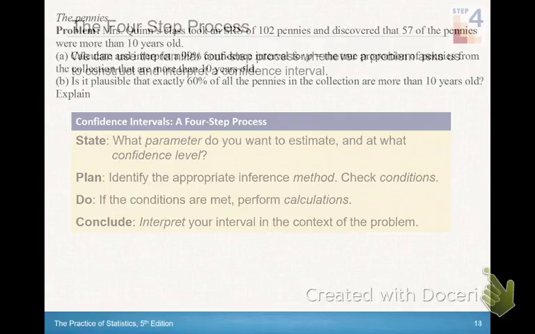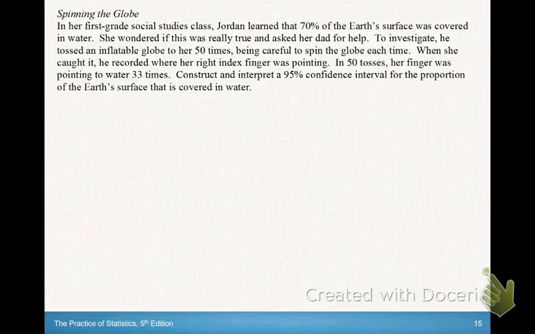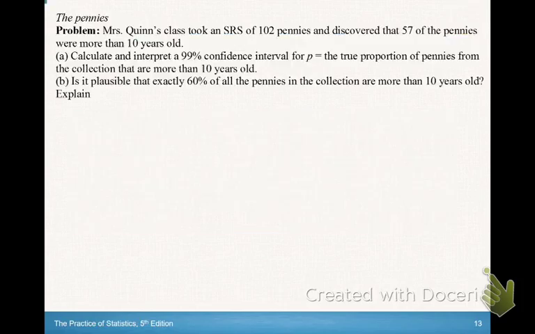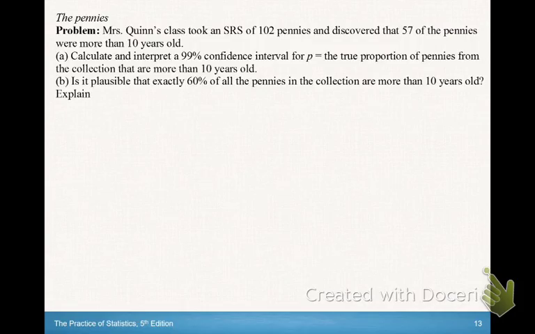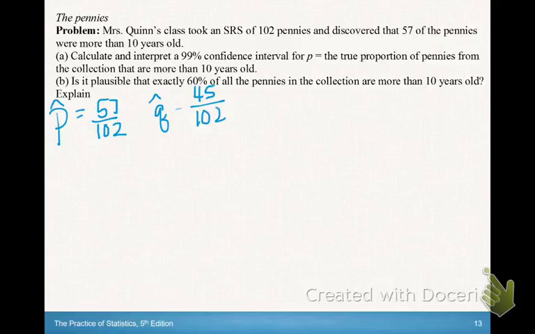So first thing I'm going to do is find my P hat, which we did before, was 57 out of 102. So our Q hat was 45 out of 102.